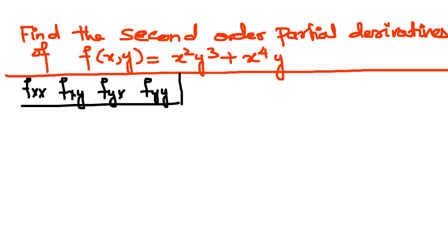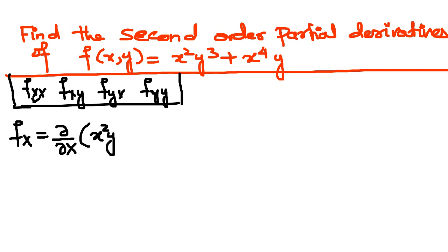Now start with the first one. How can you do the partial derivative of xx? Before that, you have to first find the first partial derivative. What is the partial derivative with respect to x of this function, x square y power 3 plus x power 4 y? What is the partial derivative of x square y power 3?